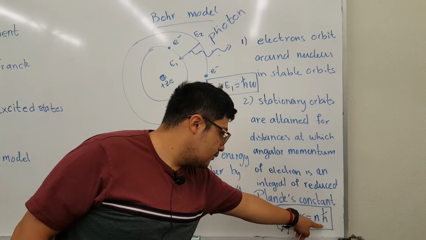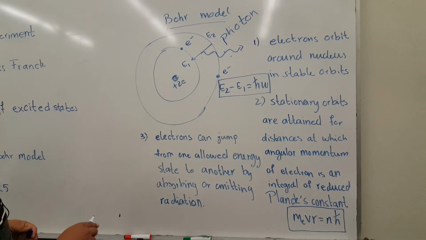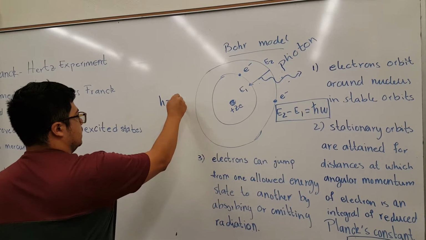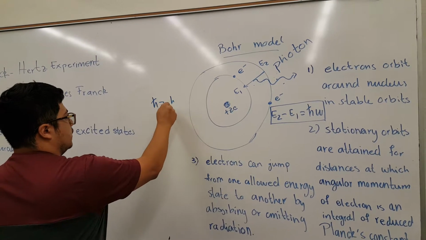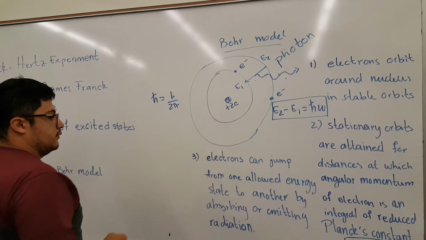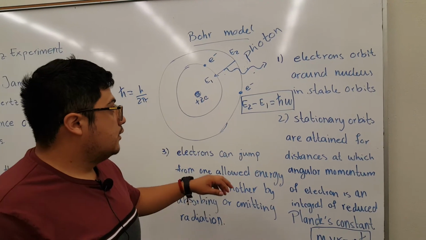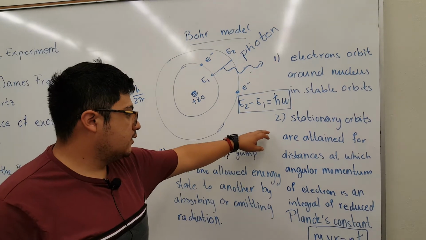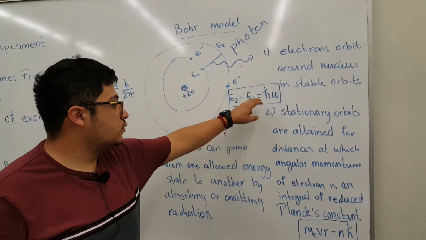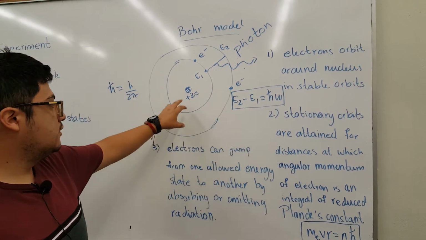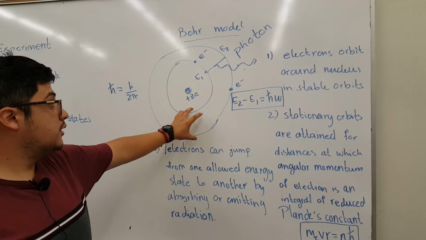If you don't know what the reduced Planck's constant is, it's simply Planck's constant divided by 2 pi. Okay? So that is the equation. This statement number 2 tells you at which distances you can find the stable orbits.